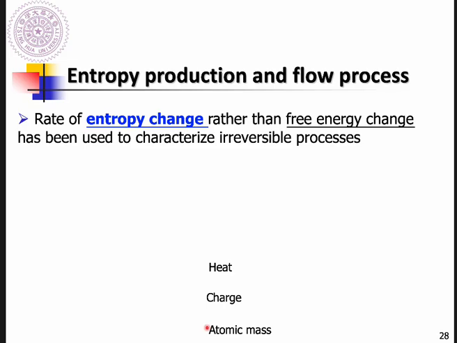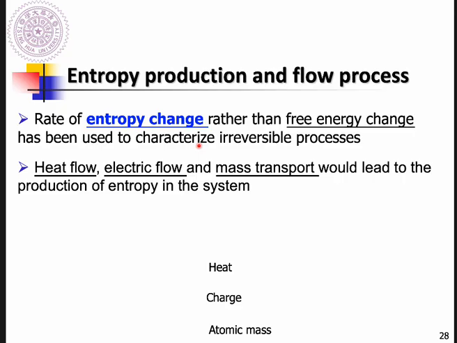Let me give you a quick summary. The rate of entropy change, or the rate of entropy production, rather than the free energy change, can be used to characterize this irreversible kinetic flow process.